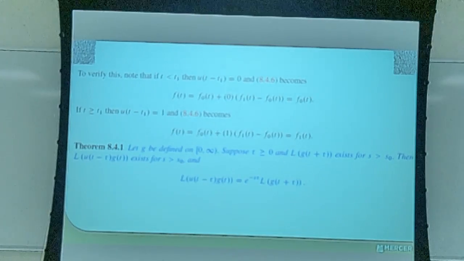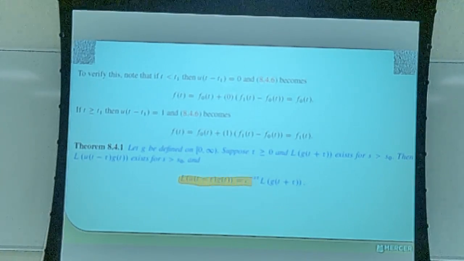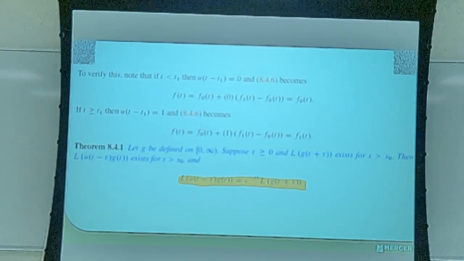Its Laplace transform is e to the negative s tau times the Laplace transform of g of t plus tau, for g of t times u of t minus tau.